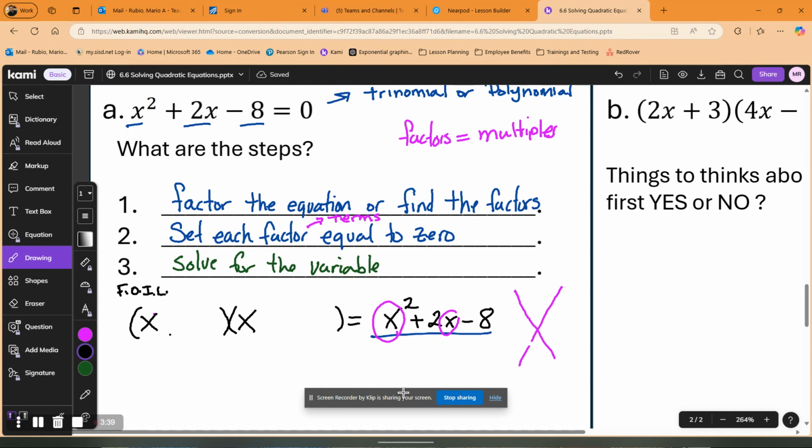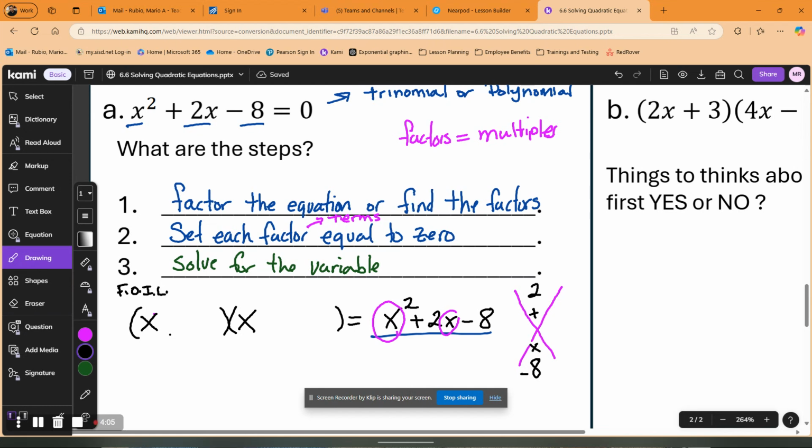Okay. The next two things we got to figure out, we don't know yet. But I do know that I've got a 2. I've got an 8. And something plus something needs to equal 2. And those same numbers, something times something, needs to equal negative 8.